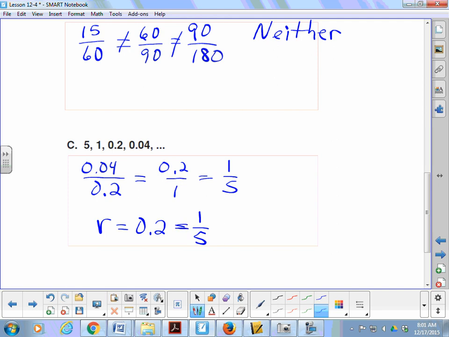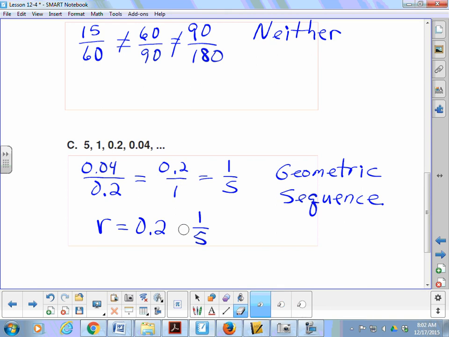And so this is a geometric sequence, and it has a common ratio, r, that's equal to 0.2 or 1/5. So arithmetic has a common difference, and we use d to represent that. Geometric has a common ratio, and we use r to represent the common ratio.